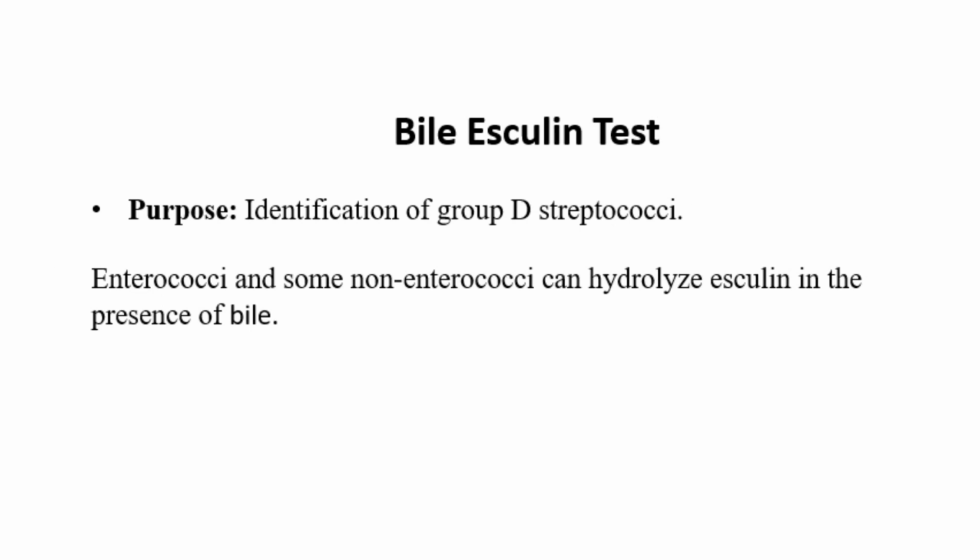In this slide, we will discuss the bile esculin test. The purpose of the bile esculin test is identification of group D streptococci, whether they are present or not. Enterococci and some non-enterococci can hydrolyze esculin in the presence of bile.